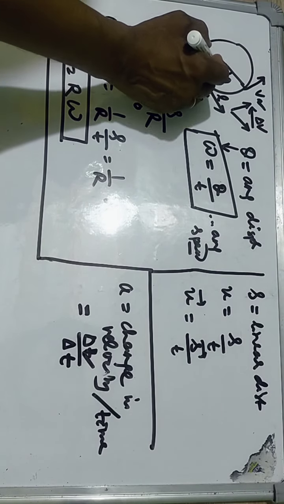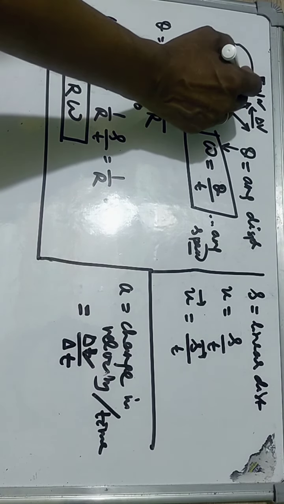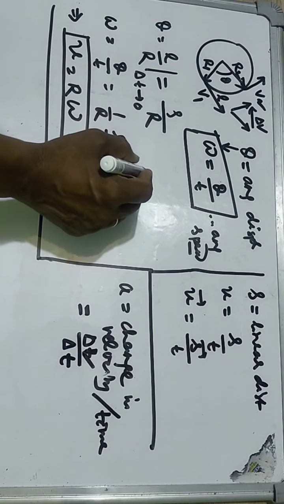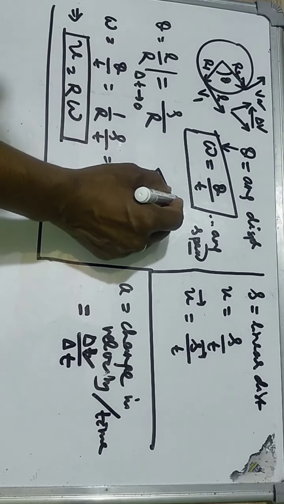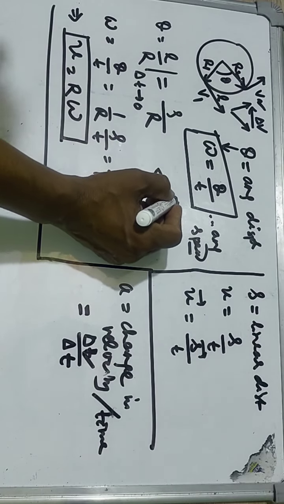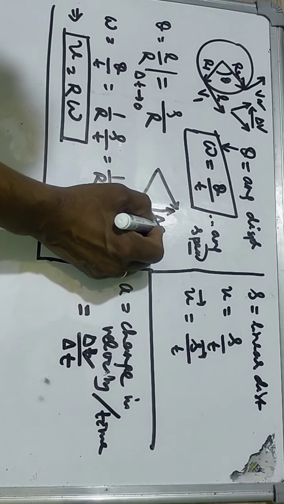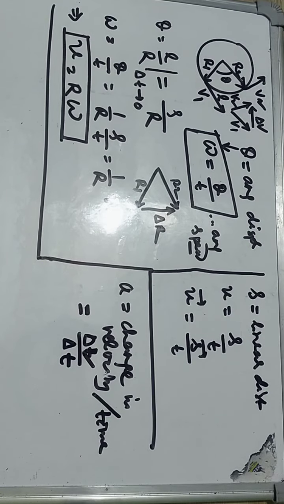Then if the position vector is r1 and the position vector at this point is r2, now we find out r2 minus r1 is delta r, using vector addition.